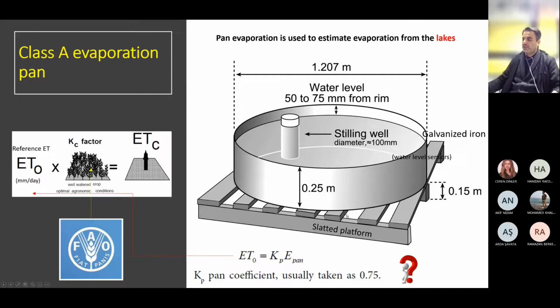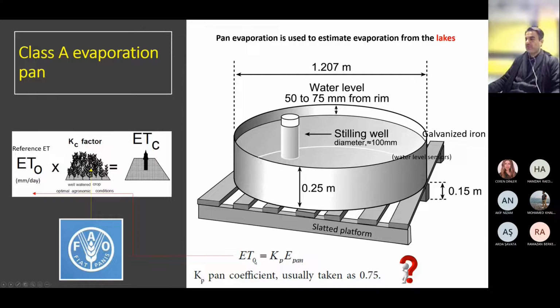But before considering the value of pan evaporation, we should modify the measurements using a factor which is called Kp, or pan coefficient. If you modify it with the pan coefficient, it can be considered as reference evapotranspiration.